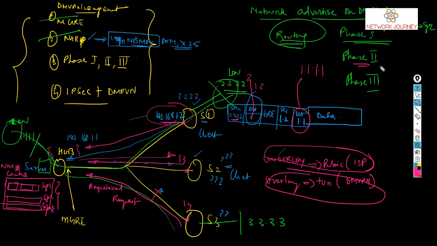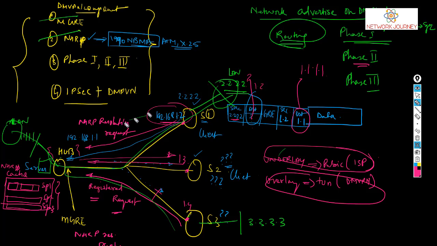So in the case of phase number 2, let's say spoke 1 is going to send traffic. Basically, they first go via a registration request, so they all get registered. Step number 2 here is they send something called an NHRP resolution request, and for this you get an NHRP resolution reply.